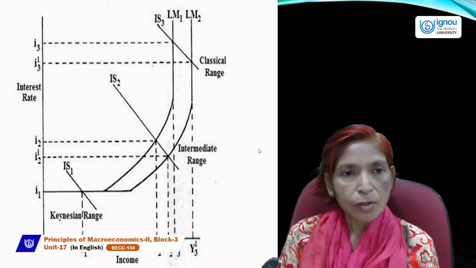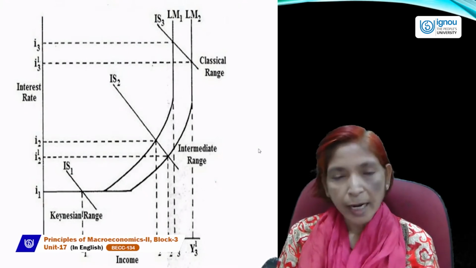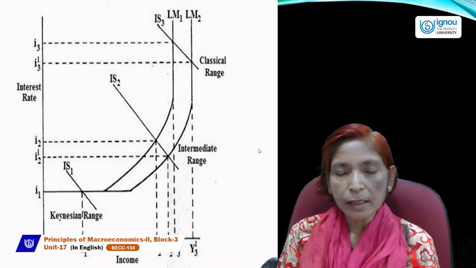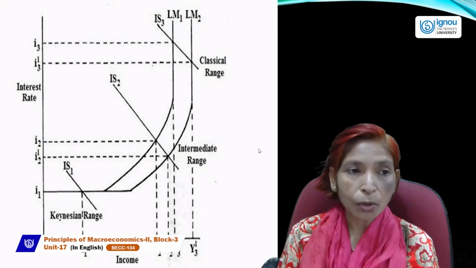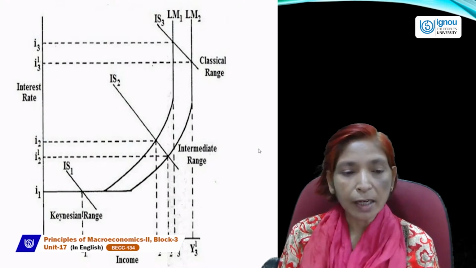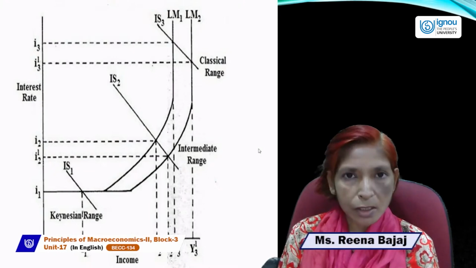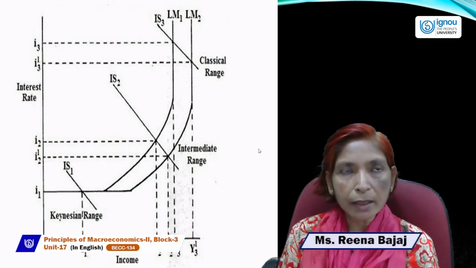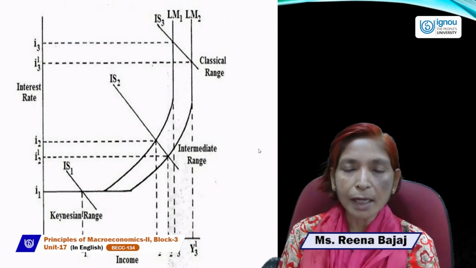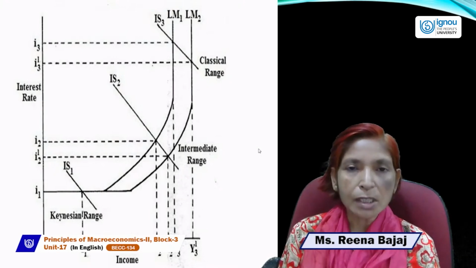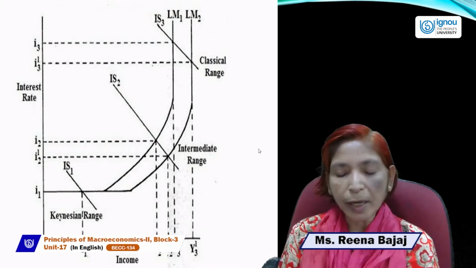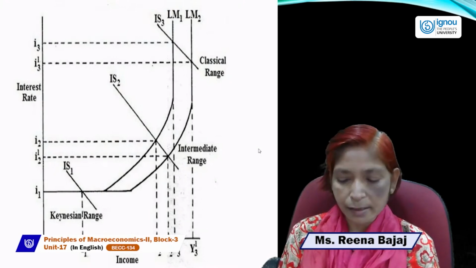So, monetary policy and fiscal policy can affect, and we can show these effects with the help of these three ranges. One is the Keynesian range, the other is the intermediate range, and the last is the classical range, which is always vertical or parallel to the y-axis curve.